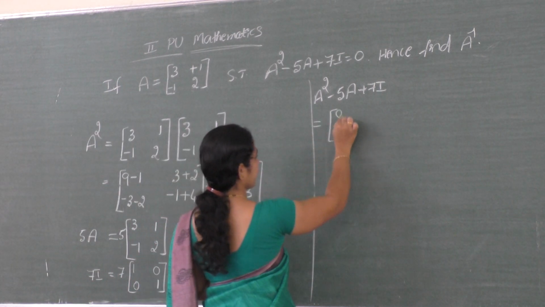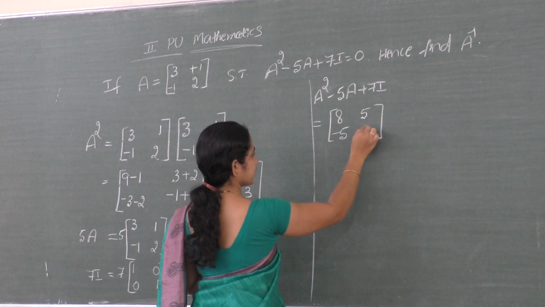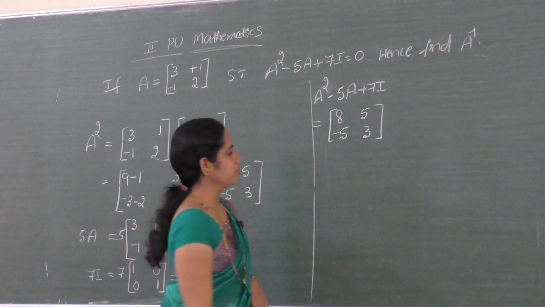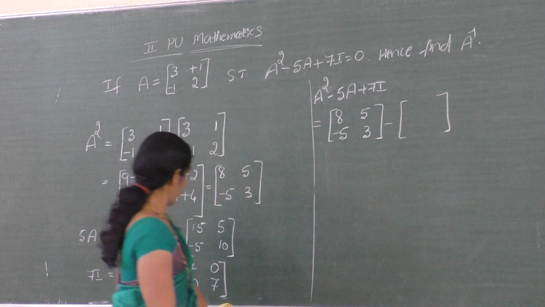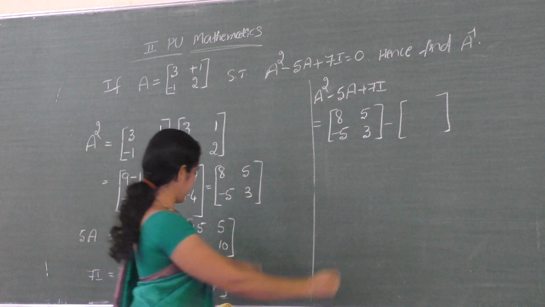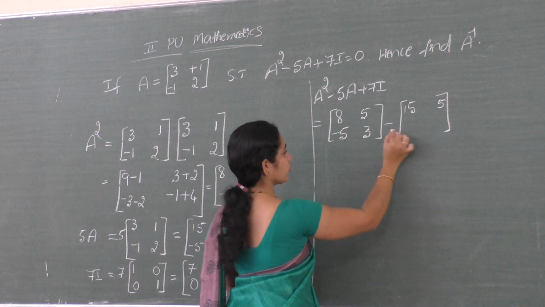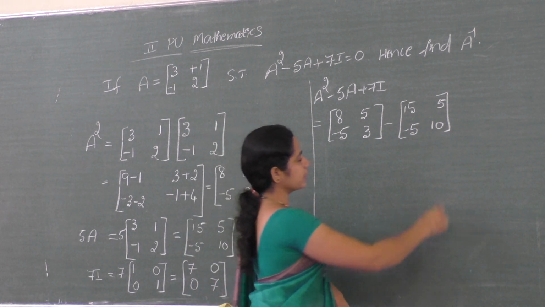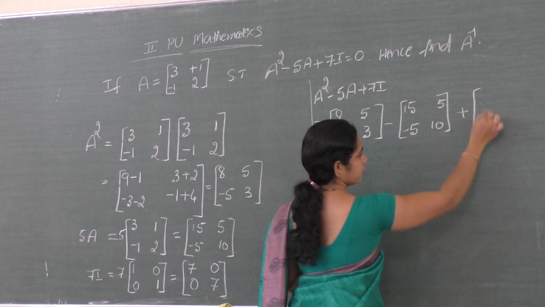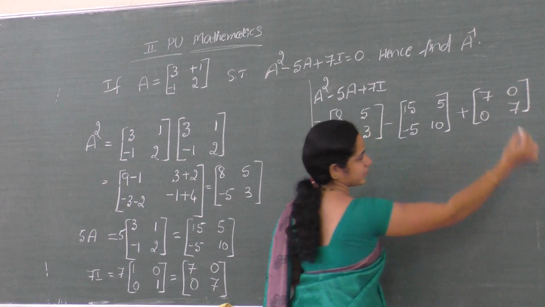Let us substitute here. [8, 5; -5, 3] minus 5A, we have here [15, 5; -5, 10], plus 7I, [7, 0; 0, 7].